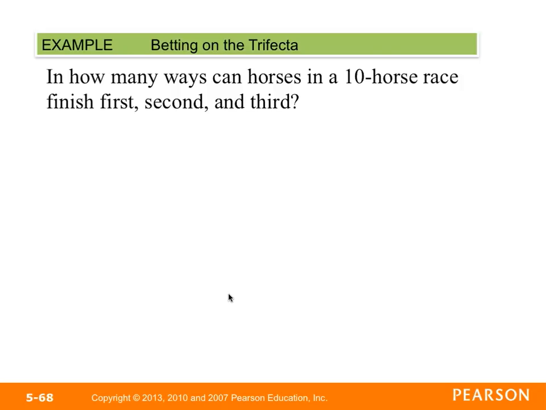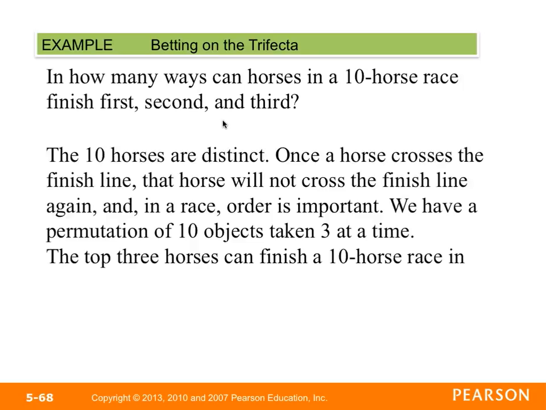Okay, now that you're back, we want to know, in how many ways can horses in a 10-horse race finish first, second, and third? The 10 horses are distinct, and once a horse crosses the finish line, that horse cannot cross the finish line again.